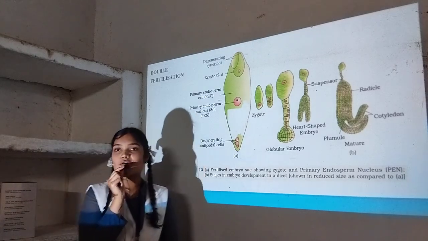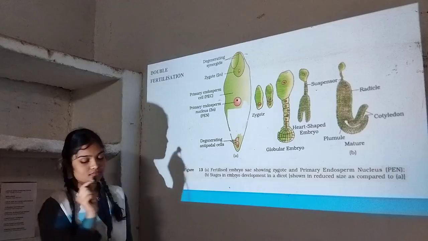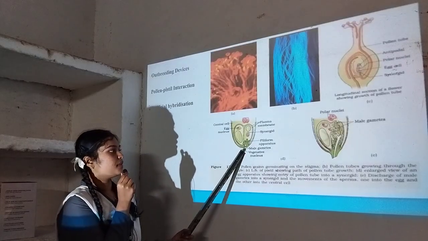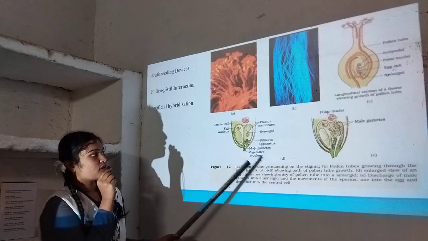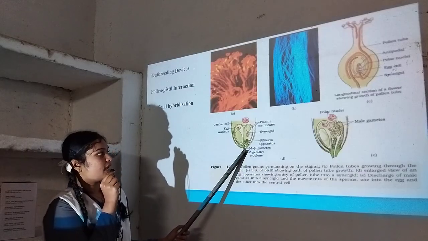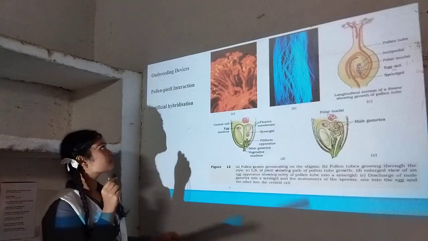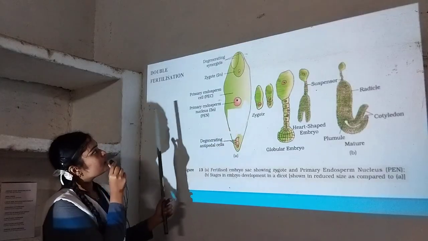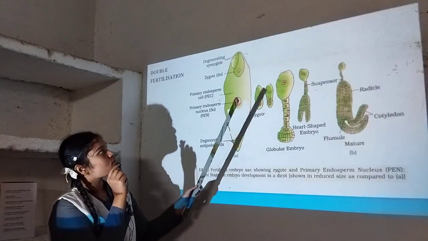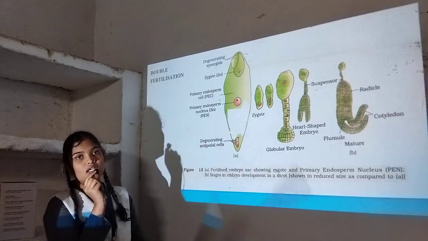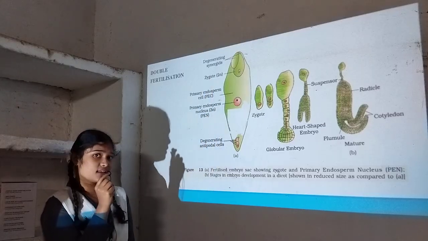Now, the process of double fertilization. One of the male gametes of the pollen grain will fuse with this egg cell and form the diploid zygote, and this process is known as syngamy.